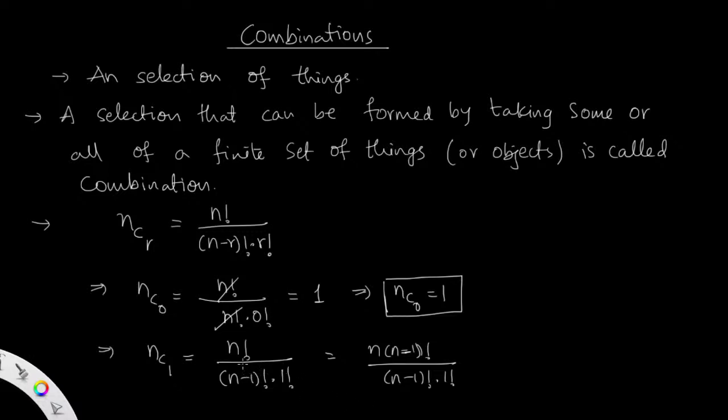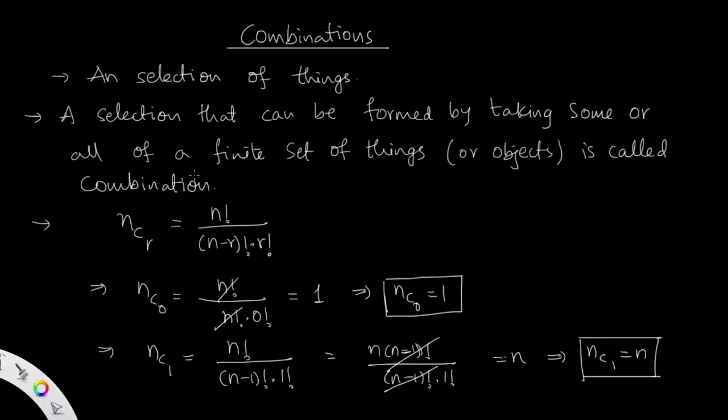So that cancels and you get n. So NC1 is always n, whereas NC0 is 1.